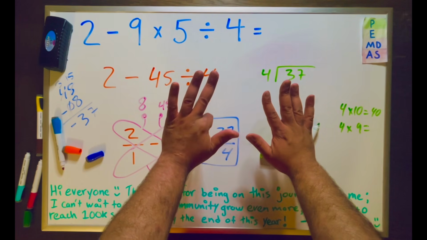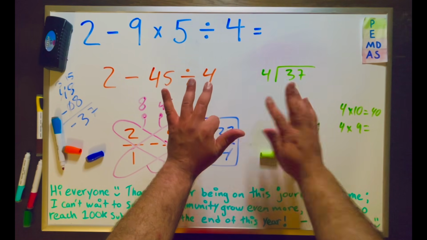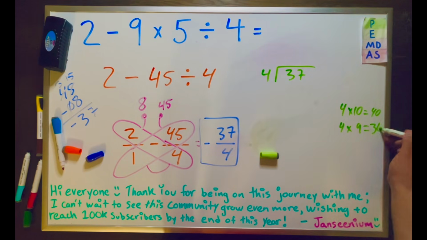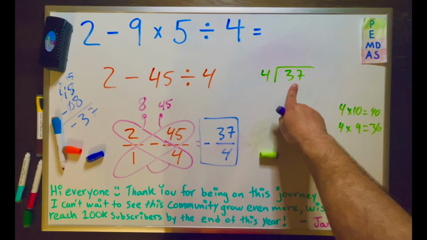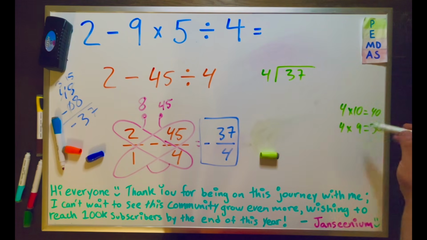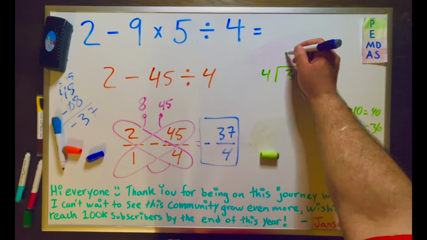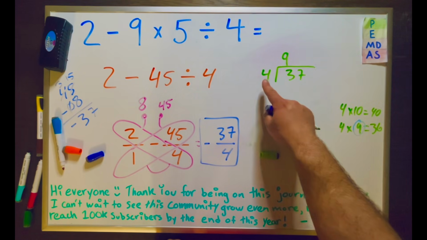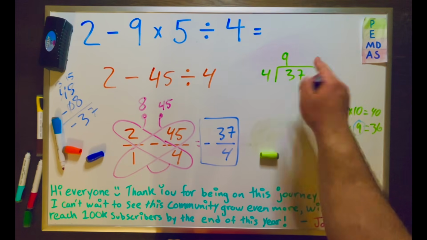So you drop the 4, so you got 33, 36. So that's close enough to 37 because if we add another 4, it's going to be 40. So we're going to write this 9 here. So that's how many times 4 can fit into 37, 9 times.